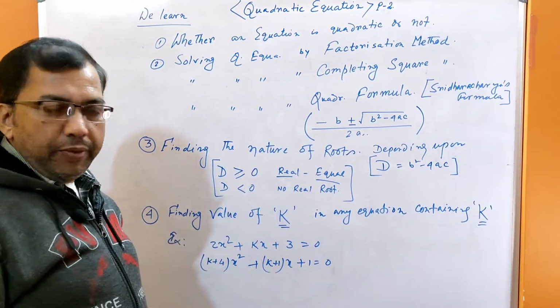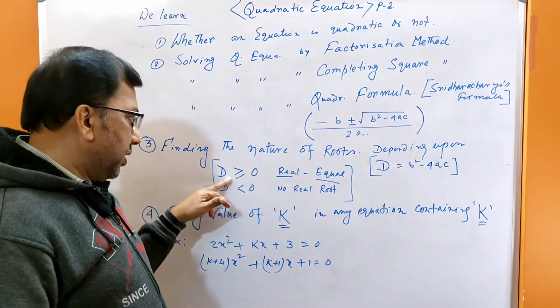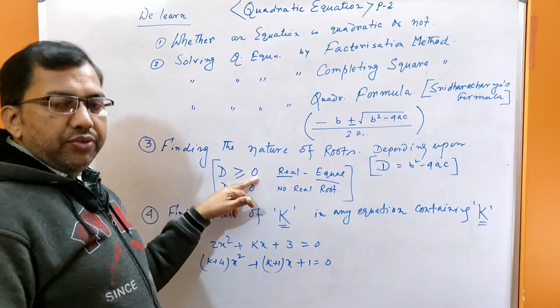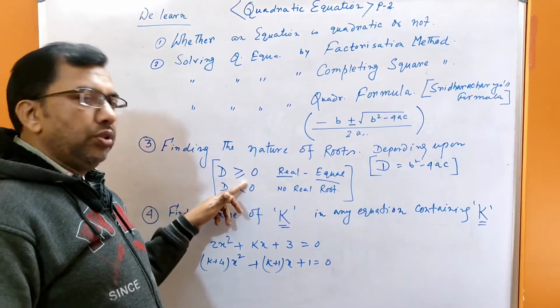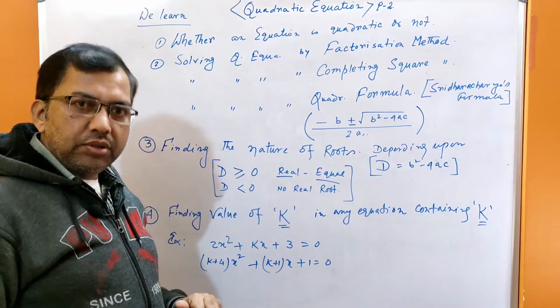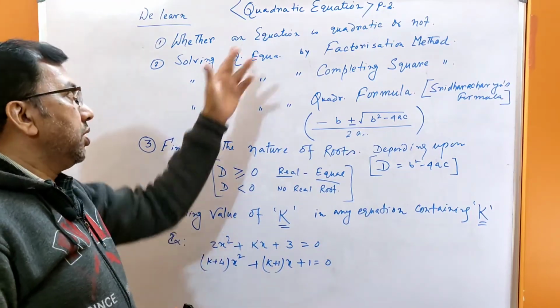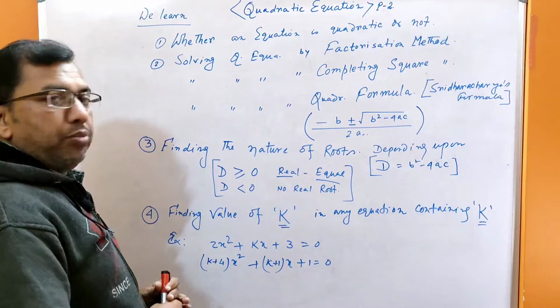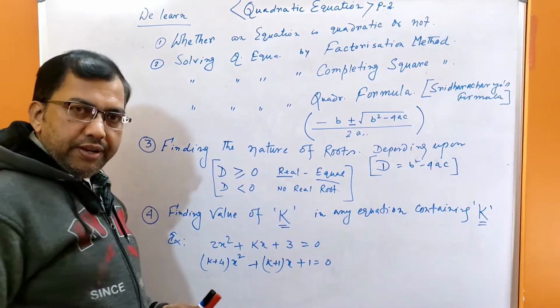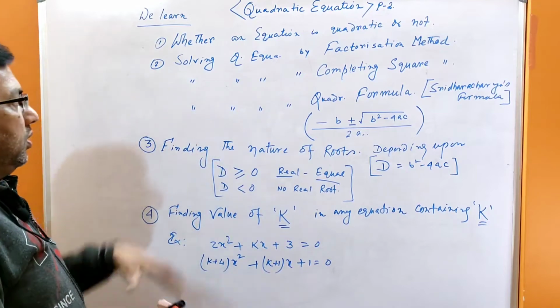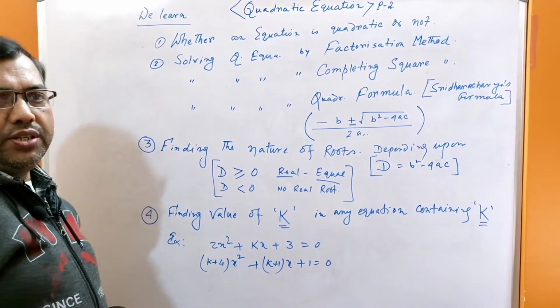If D is greater than 0, real but two different roots are there. If D equals 0, it will be real and equal roots. You have learned this in the yesterday video, so I will not give any proof. And D less than 0, no real roots are there. Clear?